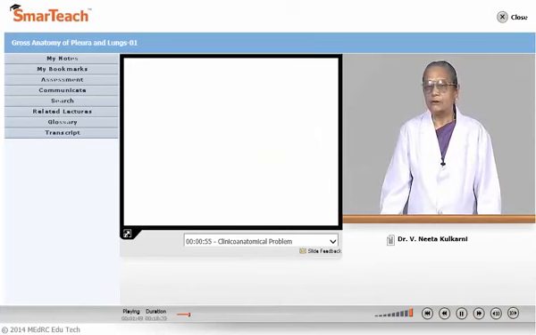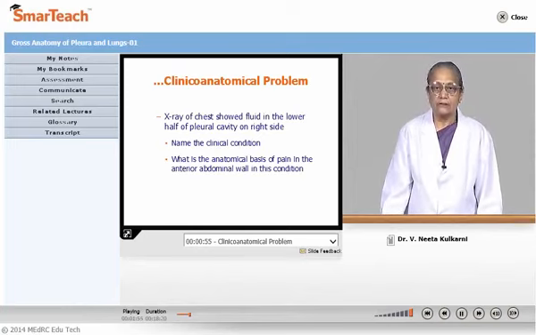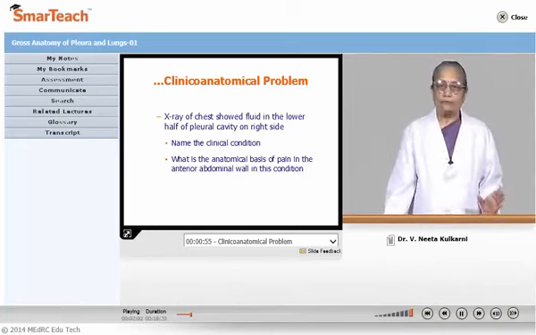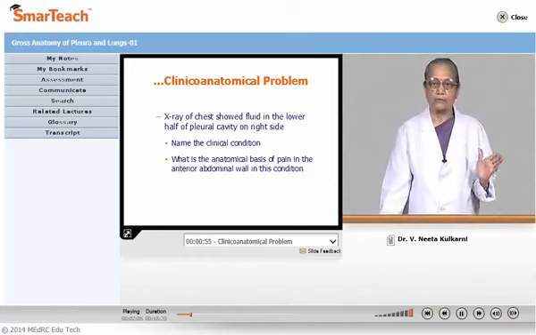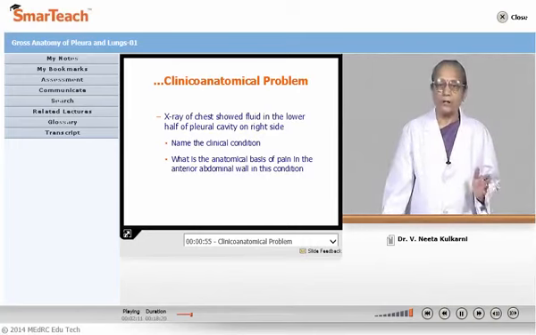The doctor orders an X-ray, a plain X-ray of the chest, and he finds that there is a fluid in the lower part of the pleural cavity on the right side. You have to identify this clinical condition. Now, only if we know the gross anatomy, we will be able to identify the clinical condition, as well as we will be able to give the answers to the questions on pleura.